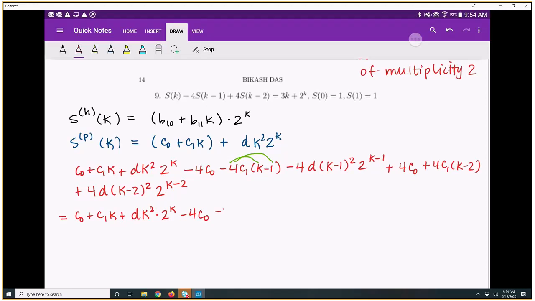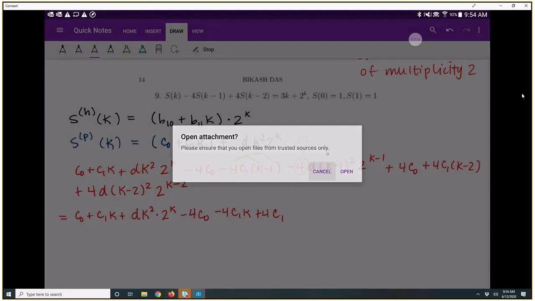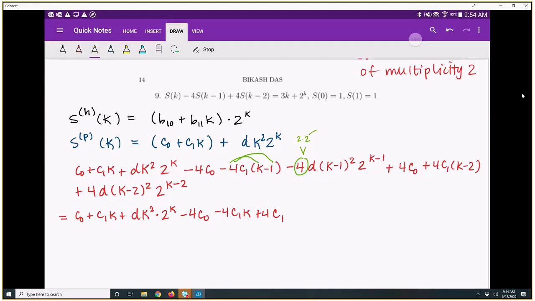So this will be minus 4c1k plus 4c1. Now here, I want to write this 4 as 2 times 2 so that I can put one of the 2's here with this 2 to the power k minus 1 and make it 2 to the power k. So this is going to become minus 2d times k minus 1 squared times 2 to the power k.